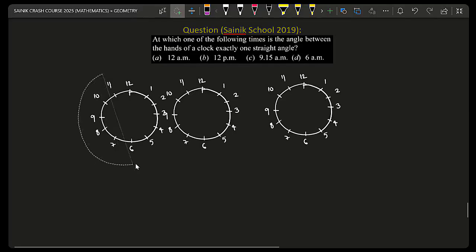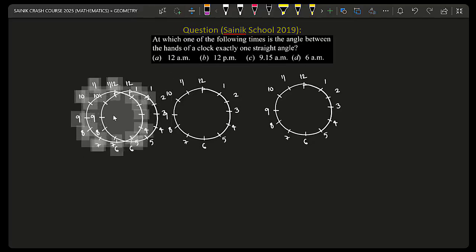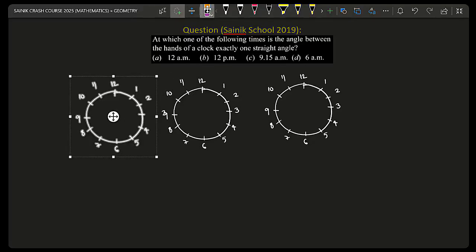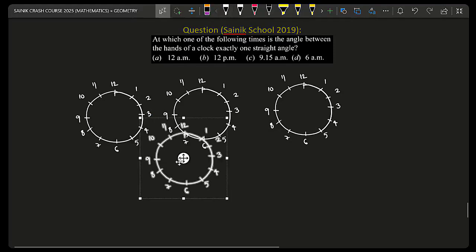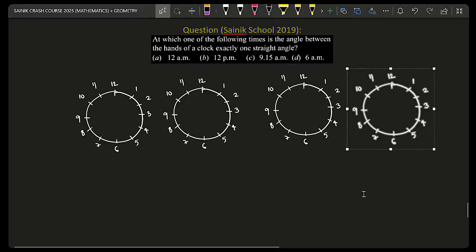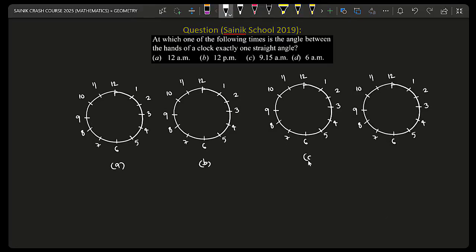Daksh, wait a second. I want you to show this: option A, B, C, and D. In option A, I want you to show 12 a.m. At 12 a.m., where is the hour hand and where is the minute hand? The hour hand shows 12.